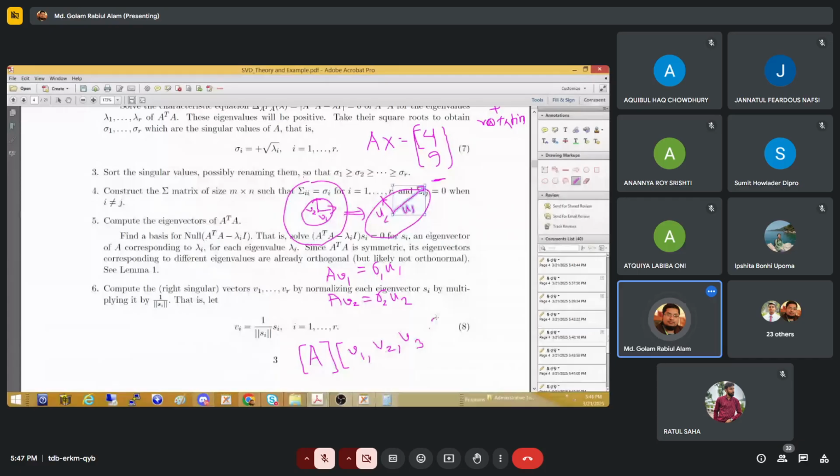Then what we will get is sigma 1, sigma 2 like this way, and also u1, u2. So we can write this as u1, u2, in this way up to un, and then we have the sigma 1. For the sigma we can represent this as a matrix.